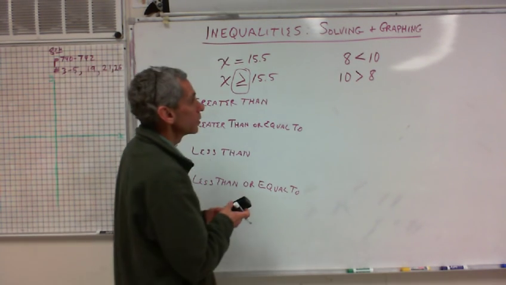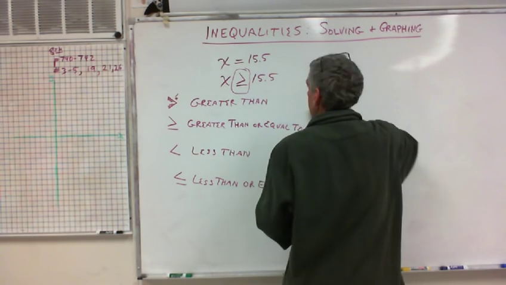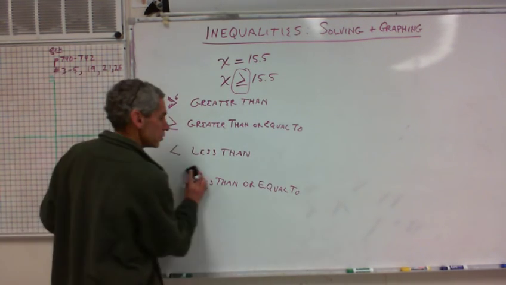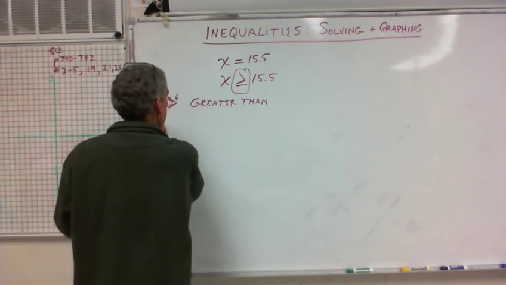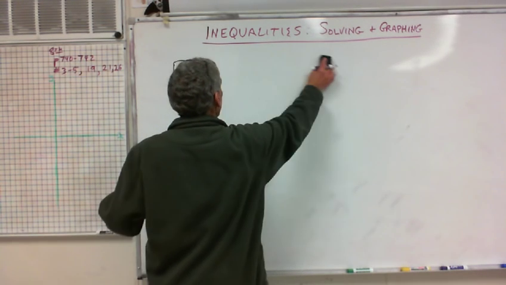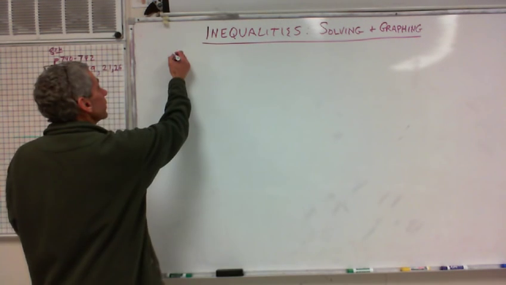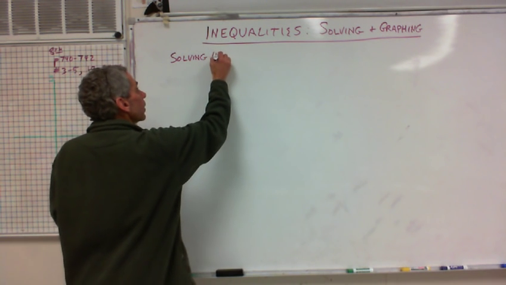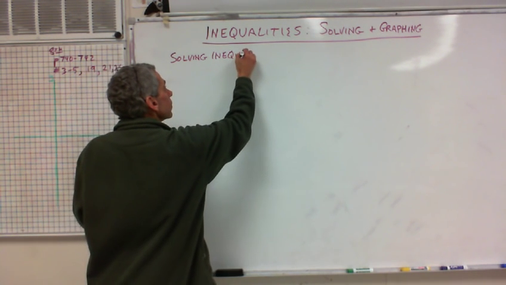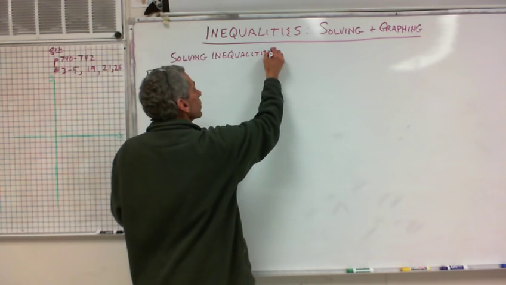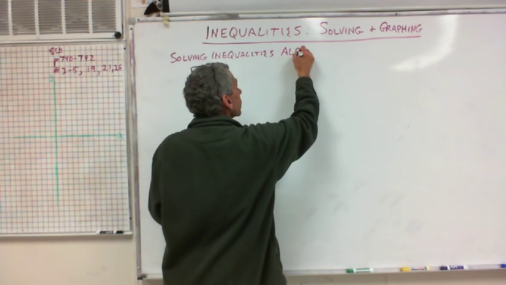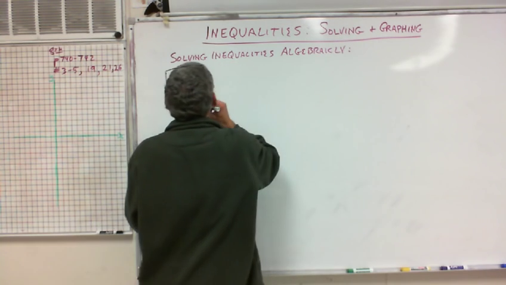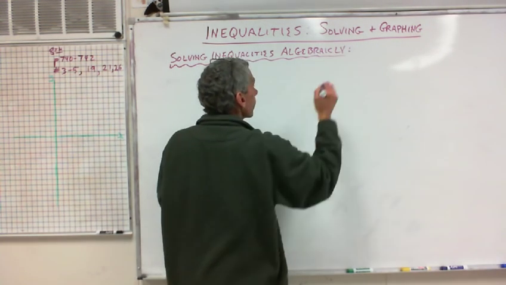Now that we have those, can I erase this? Yes. Just so that I have some space. I think first we're going to talk about solving inequalities algebraically. All right, so that's what we're going to first talk about.